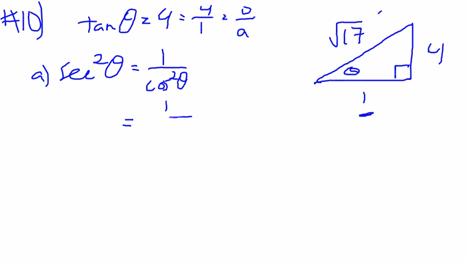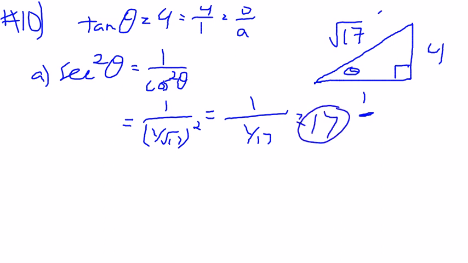So it's 1 over root 17 squared, which looks complicated, but really not that hard. Root 17 squared just gives me 17. So 1 over 1 over 17: to divide by a fraction, I multiply by the reciprocal, which is just 17. That's the answer for that.